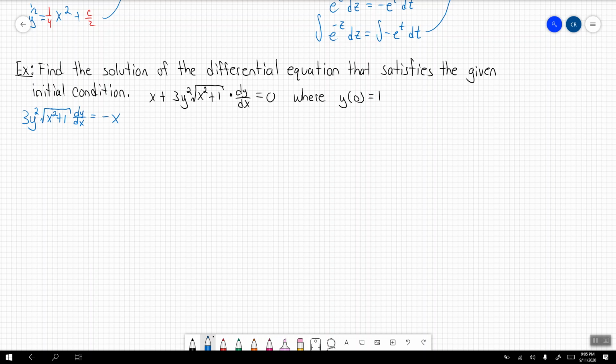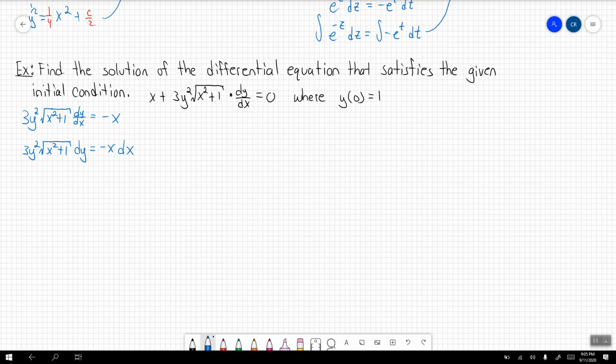Okay, looking pretty good so far. Now, at this point, I'm going to multiply by my differential dx. This way, I can have my dy's on one side for now. That's negative x dx.